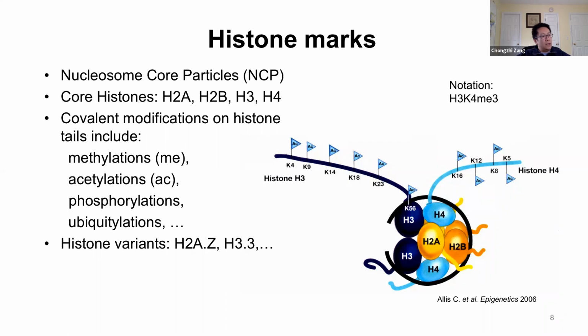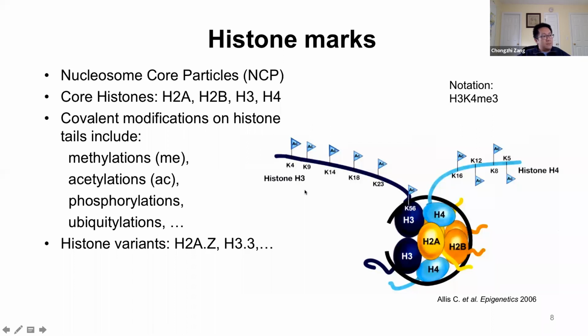The tail, usually the N-terminal tail of the histone molecules, can be subject to covalent modifications that include methylations, acetylations, phosphorylations, ubiquitinations, and a lot of other chemical modifications that can modify certain amino acids on the protein sequences.